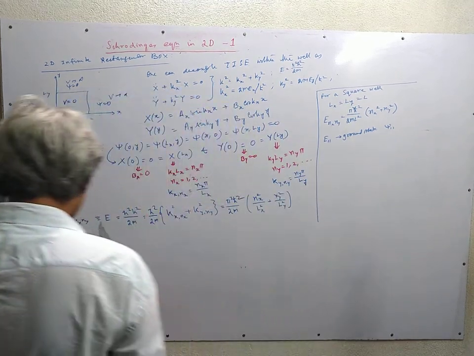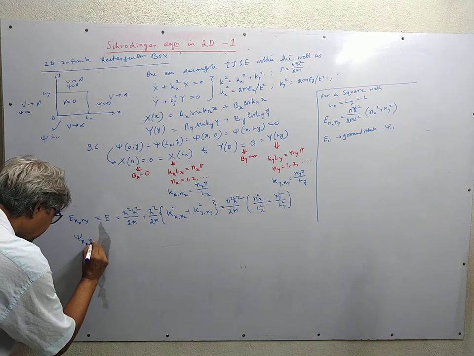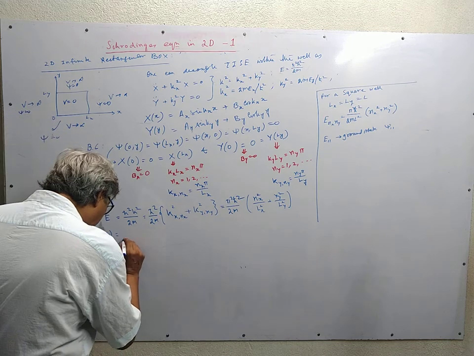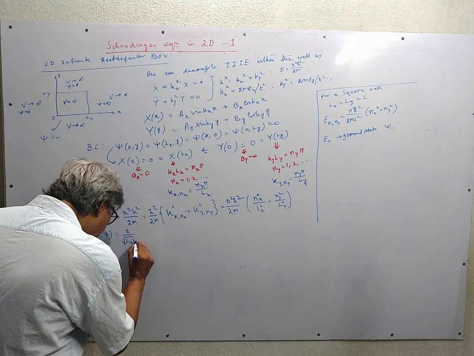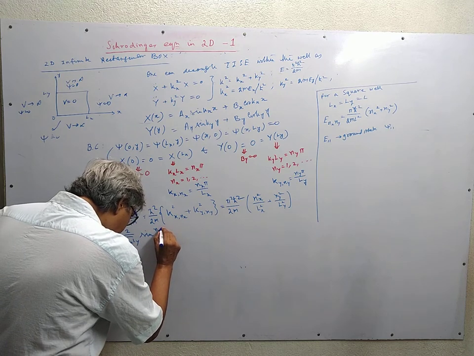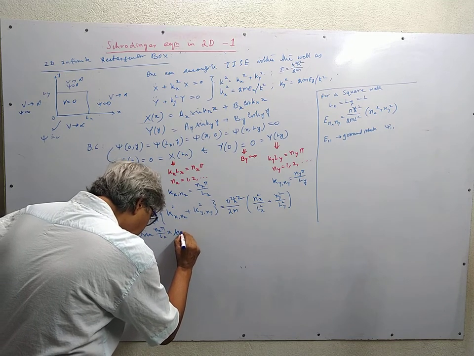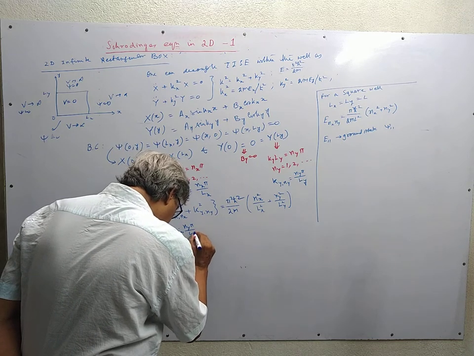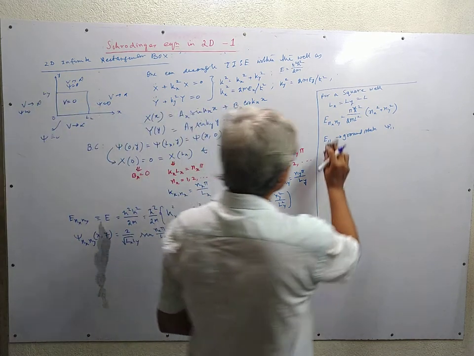Oh, we haven't written the psi wave function. Let me write the corresponding wave function. psi nx, ny of (x,y) is equal to a normalization constant, for which we know that it is the square root of 2 over Lx Ly, times sin(nx pi x by Lx) times sin(ny pi y by Ly).